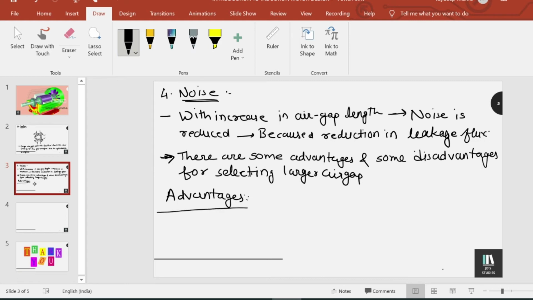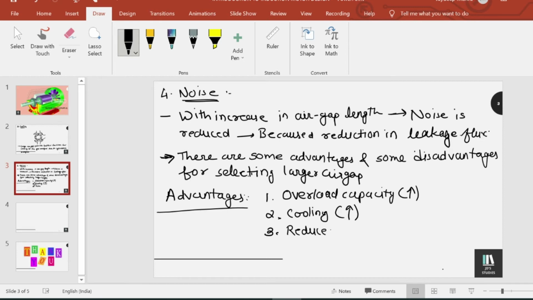First advantage is increased overload capacity. Second one is cooling is increased. Third one is reduced unbalanced magnetic pull.